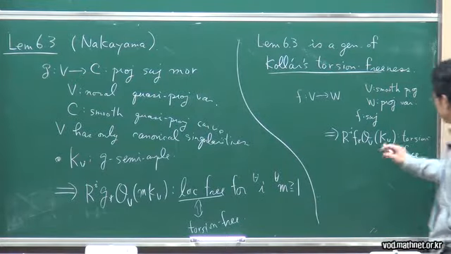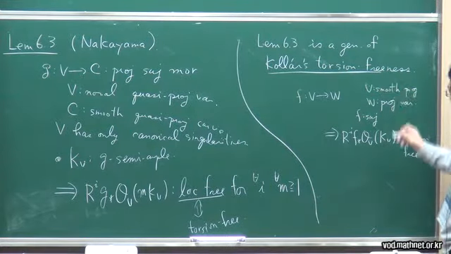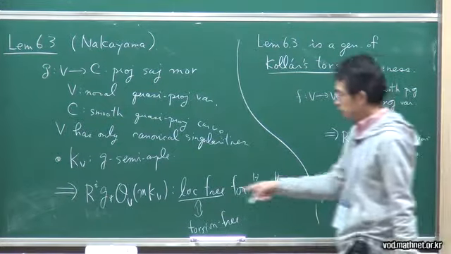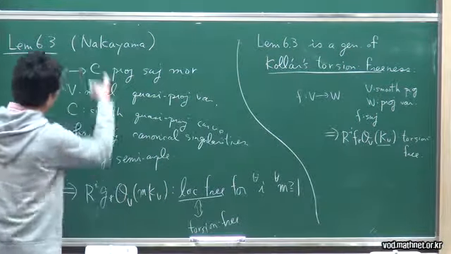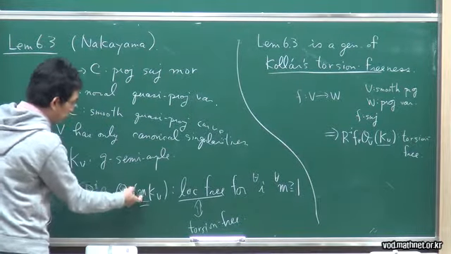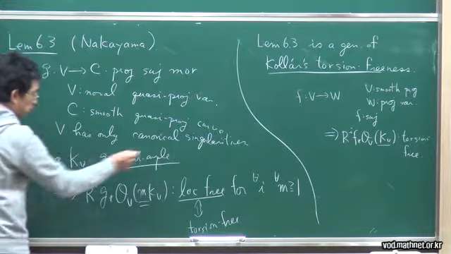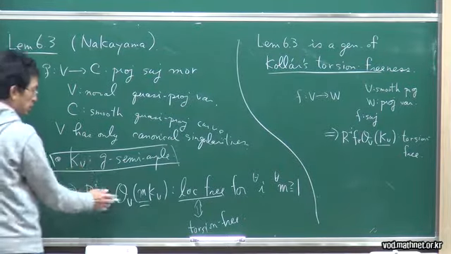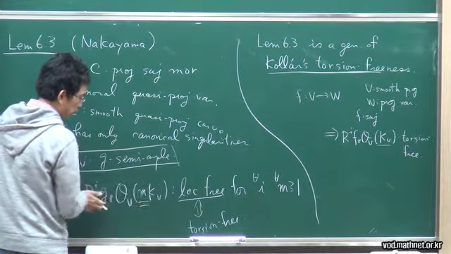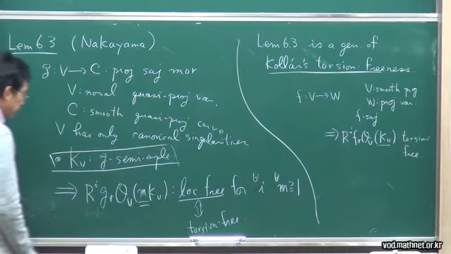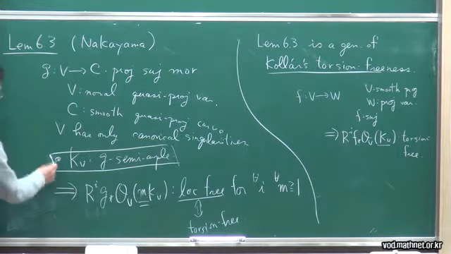And the corollary on torsion freeness only treats the canonical divisor. But Nakayama's lemma says this is locally free for any m. But we need a very strong assumption. Without this assumption, I don't know if this behaves well or not.